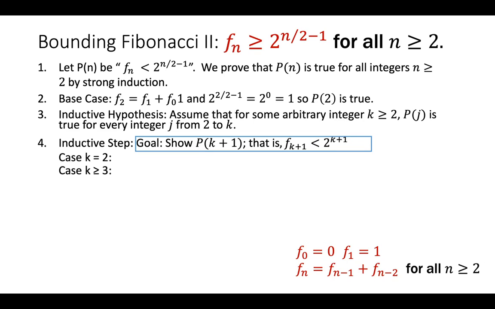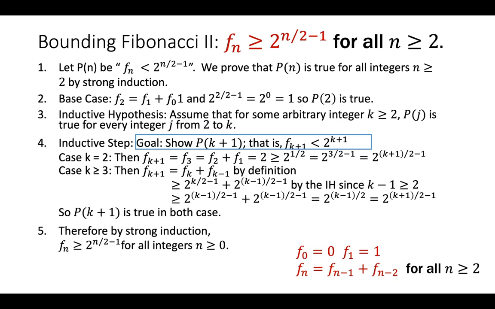Okay, so we want to prove the cases when k is 2 and k is greater than or equal to 3. When k is 2, F(k+1) is F3, that is F2 plus F1, and this is 1 and 1, and there will be 2.